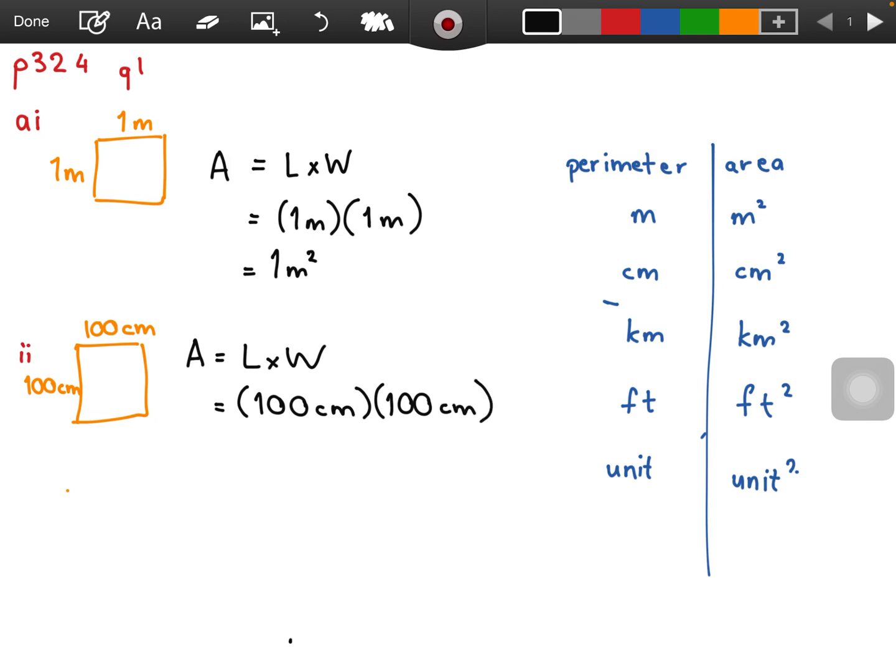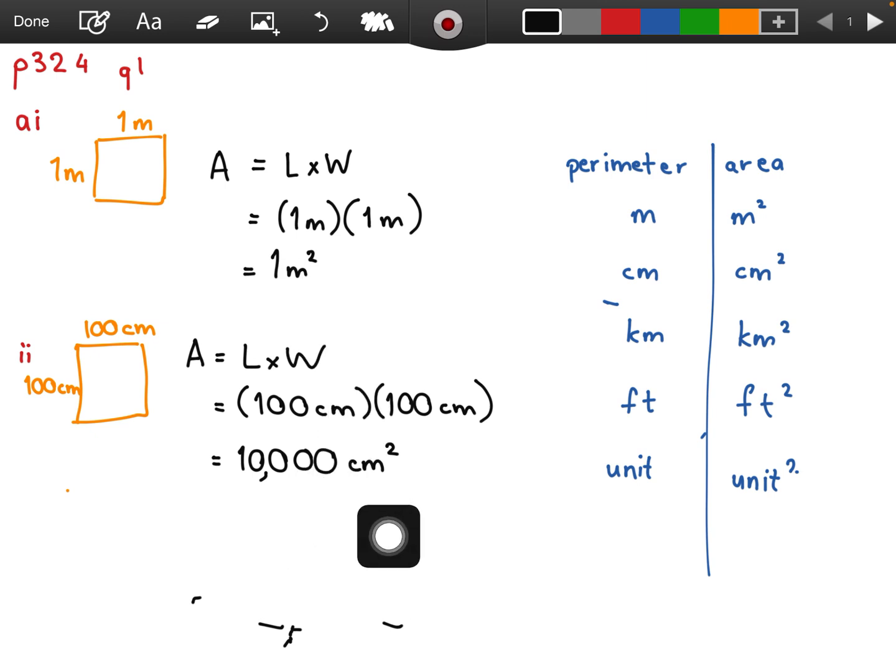Our answer is 100 centimeters times 100 centimeters, so our actual answer is going to be 10,000 centimeters squared.